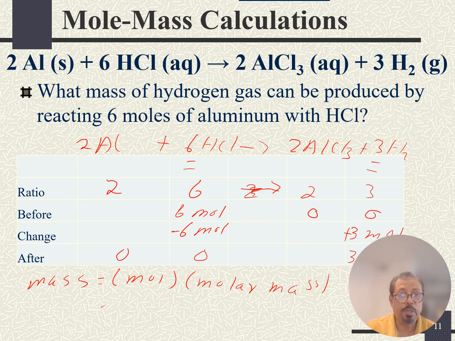And the number of moles we already calculated, it is 3 mole. And the molar mass of hydrogen is 1, and we have 2 of them, H2, so it is 2 gram per mole. So the mass will be 6 gram.